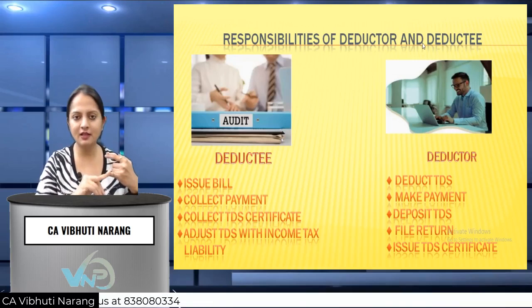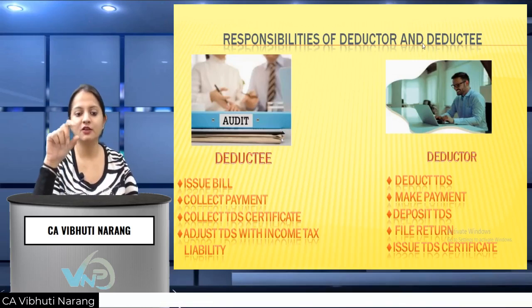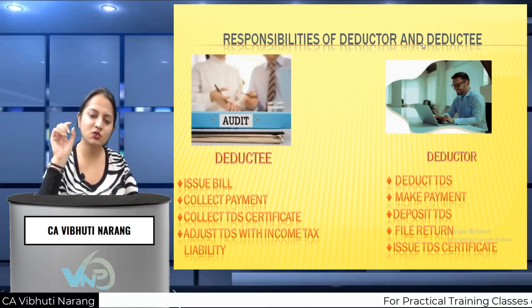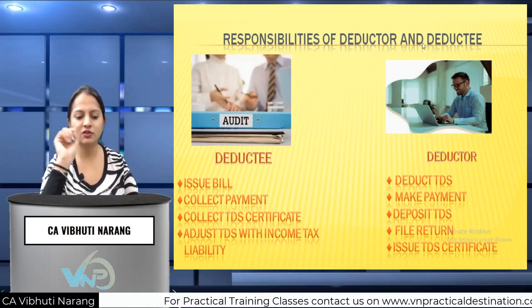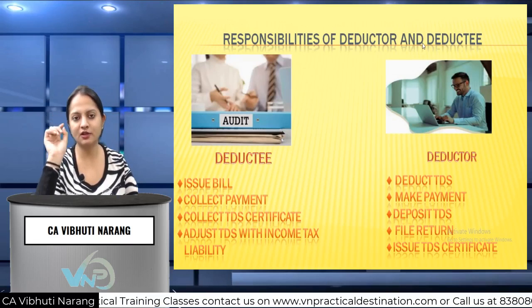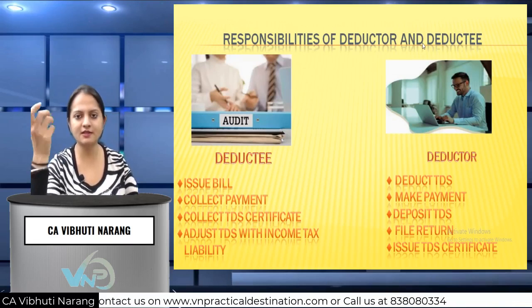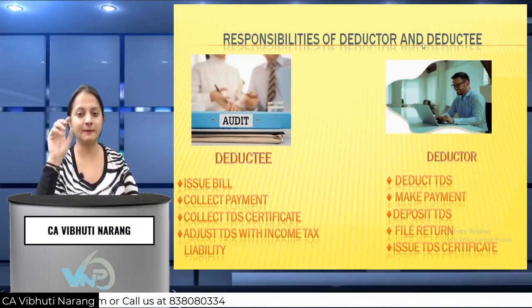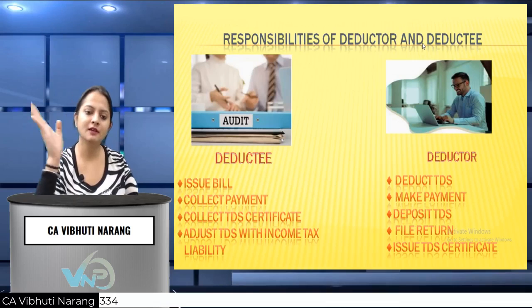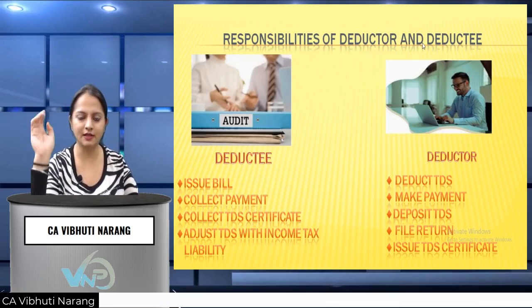And the last thing, the TDS which is deducted, which is also reflected under 26AS, he has to adjust against his income tax liability. So the TDS shown under 26AS is deducted from your income tax liability, and the net tax payable or refund, as the case may be, is available to the deductee.